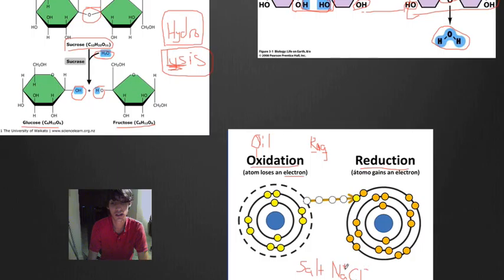Here, this part over here, the sodium, got oxidized, meaning it lost its electron. So now it has fewer electrons than protons. So this part over here is actually more positive than this one. This one gained an electron, so it is reduced.